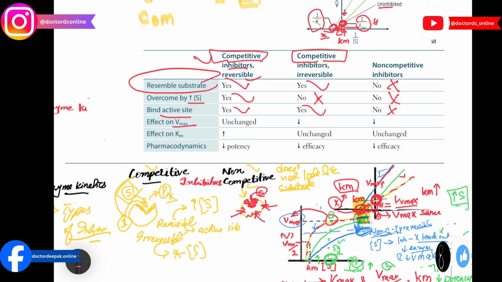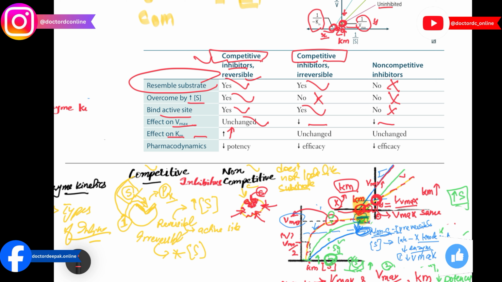For the effect on Vmax, we already studied that in competitive inhibitors the Vmax would be unchanged, but in non-competitive or irreversible, the Vmax will be decreased because the number of enzymes is decreased. For the effect on Km, we increase the substrate to overcome the inhibitors, to make the enzyme work well. So when we increase the substrate, the Km value will be increased.